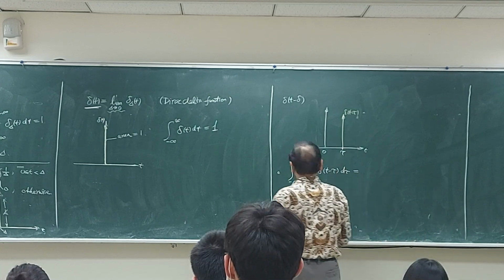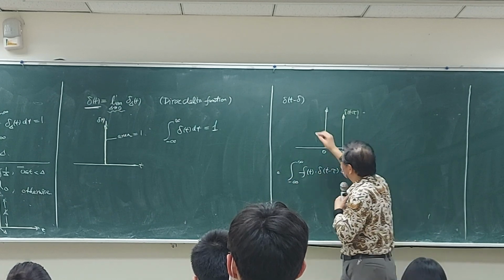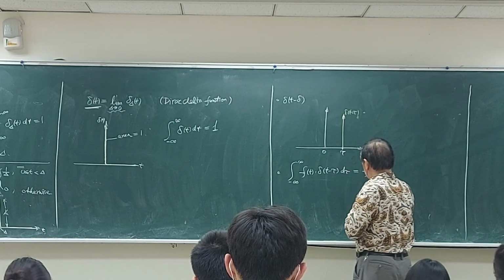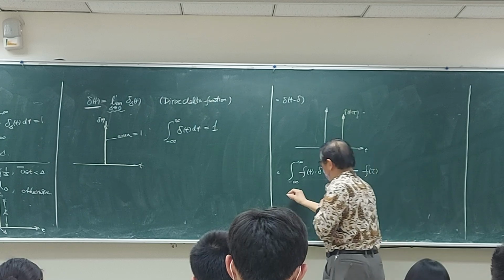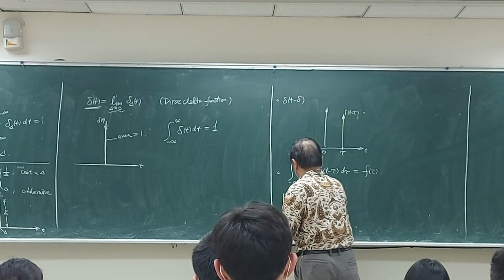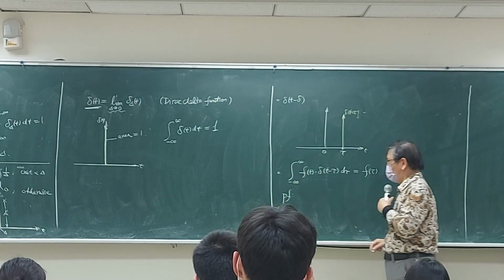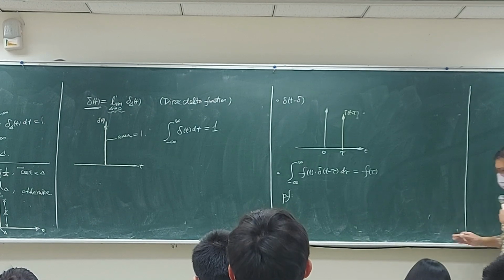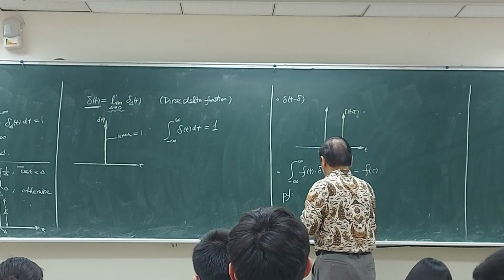That's a very important property. I claim that this equals f of tau. So let's prove it. The way that I'm going to prove it is a little bit rough, but I want you to get the idea.